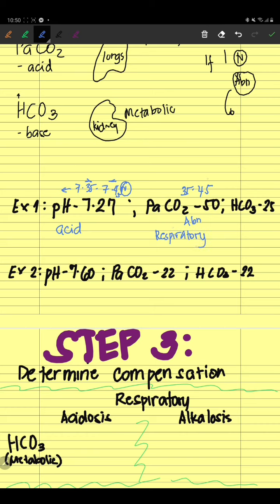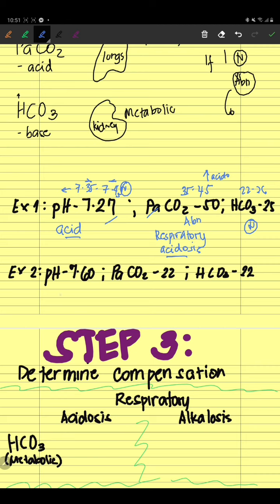Since mataas yan, ibig sabihin, pag mataas ang carbon dioxide natin, that is acidosis. So, respiratory acidosis. Bicarbonate, is that normal? Because ang range natin is 22 to 26, so it is normal. So, most likely, ang case natin is acidic. Tama yan, magkapareho yan. So, it is respiratory acidosis.